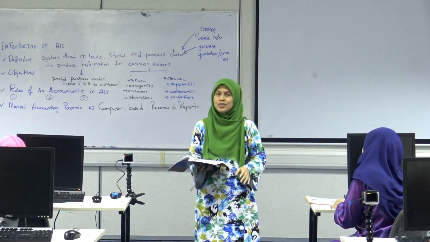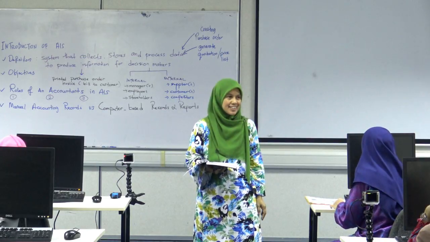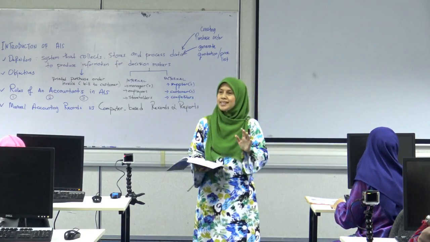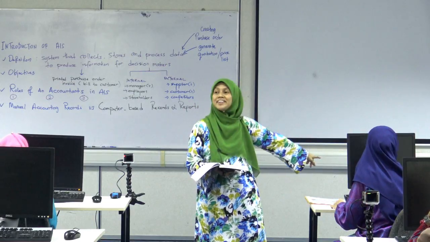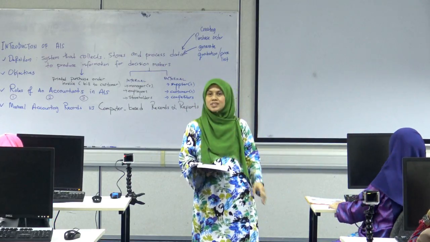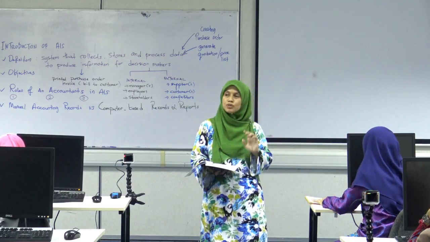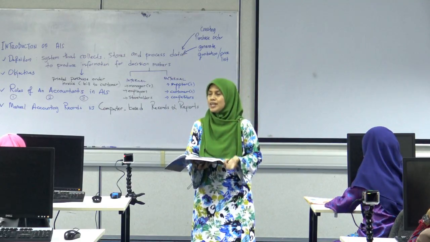So in class you need to have a ledger, A4 paper. In computer based, do you need the paper? No. You only need hard disk, a system, or sometimes you may need a pen drive if you would like to save to other location.